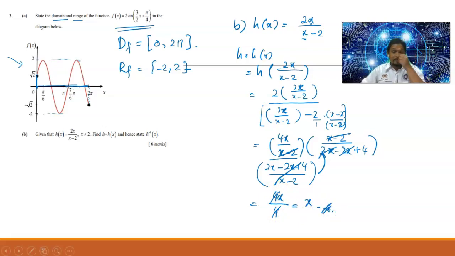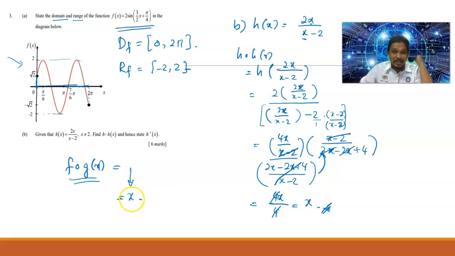So what's left here now? x. Guys, girls, do you still remember this composite function between f, for example, and g(x)? If the final answer of this question finally ends up with an x, given a function of f and a function of g, then composite of f and g, we do all the process, and finally we get the final answer as an x, meaning g(x) is the inverse of the function f(x).